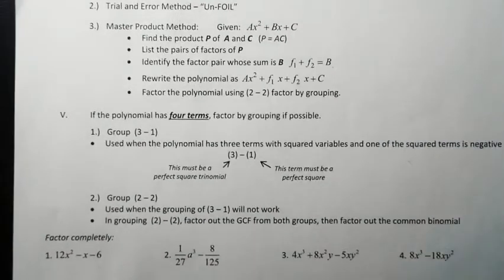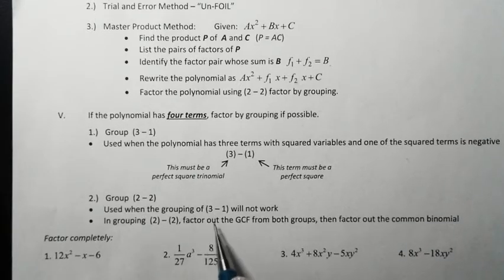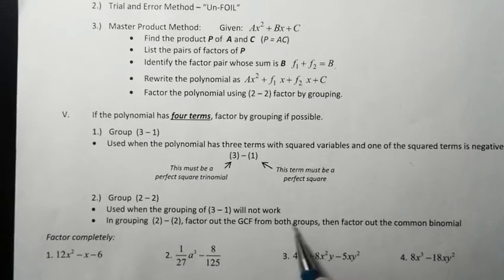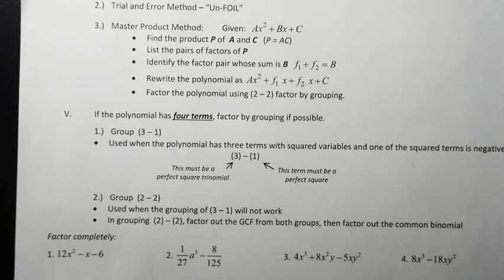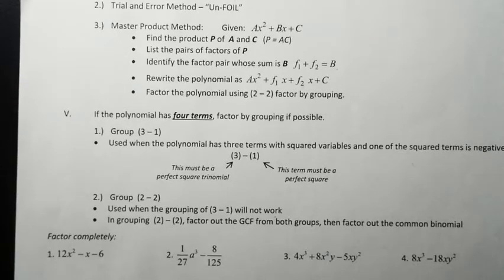And the 2 by 2 grouping is used when the 3 by 1 grouping doesn't work. What you need to do here is factor the greatest common factor from both groups, then factor out the common binomial. Okay, so usually the grouping that you typically see is this one, the 2 by 2.